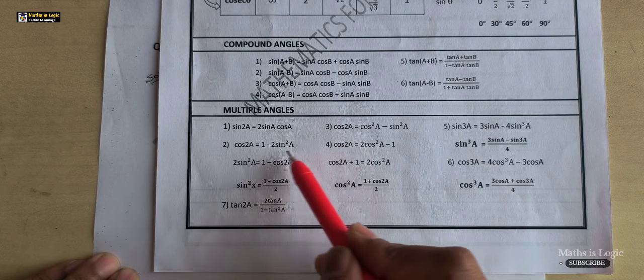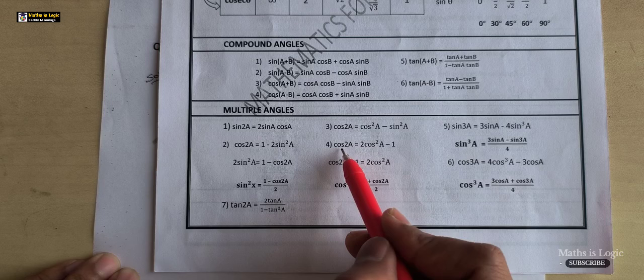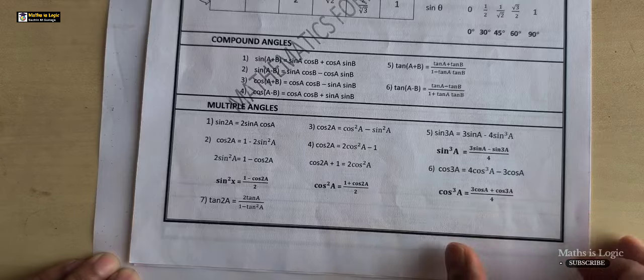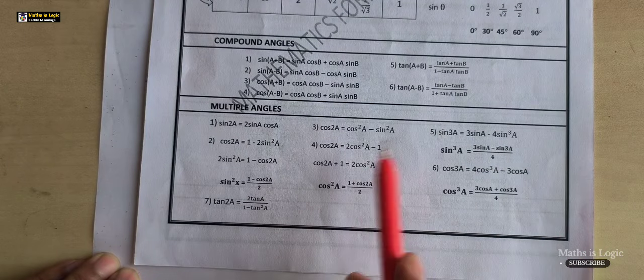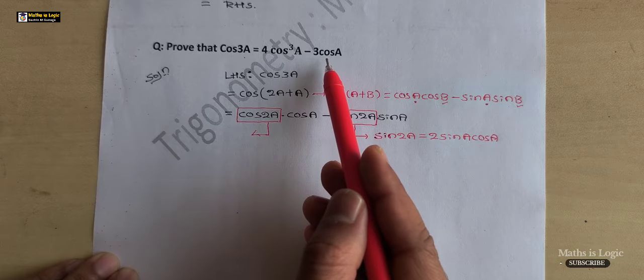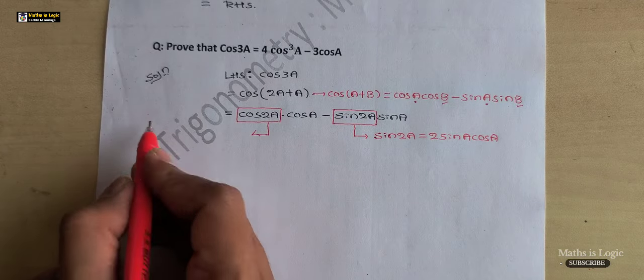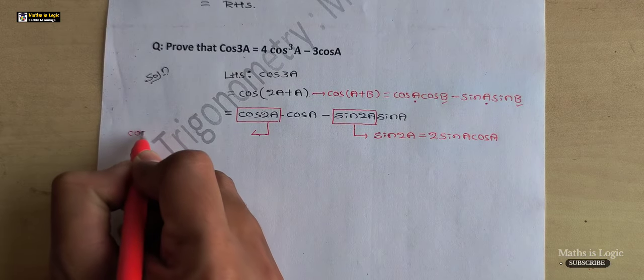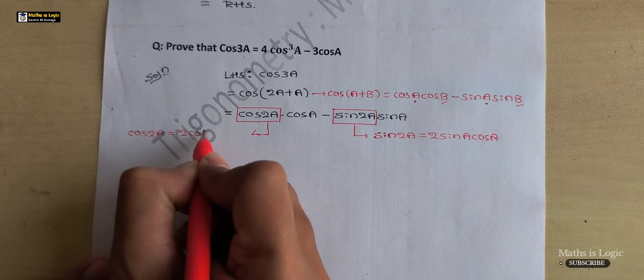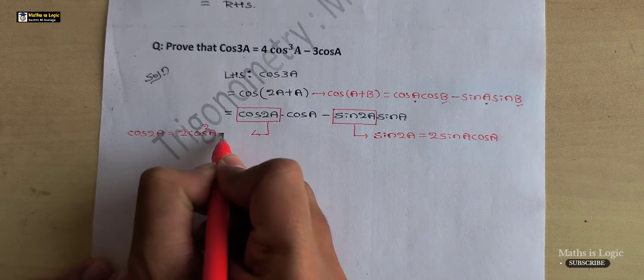In these 3, we need to apply the fourth one only. What is that? Cos 2A is 2 times cos square A minus 1. Why do we need to apply the fourth one? Because the final answer we have to show in terms of cos. Therefore, apply cos 2A is equal to 2 times cos square A minus 1.